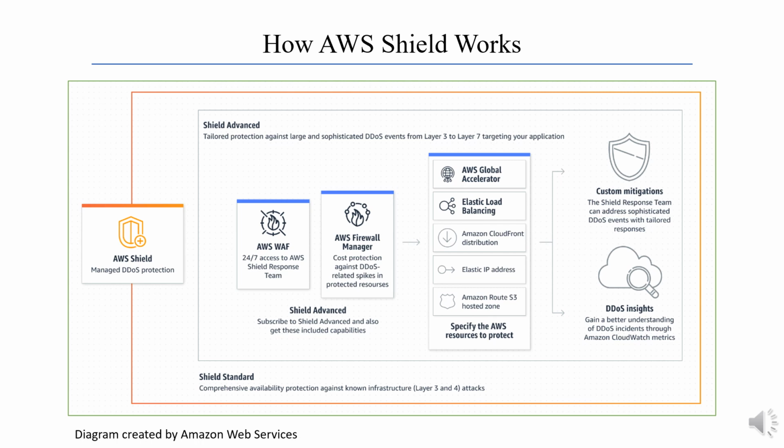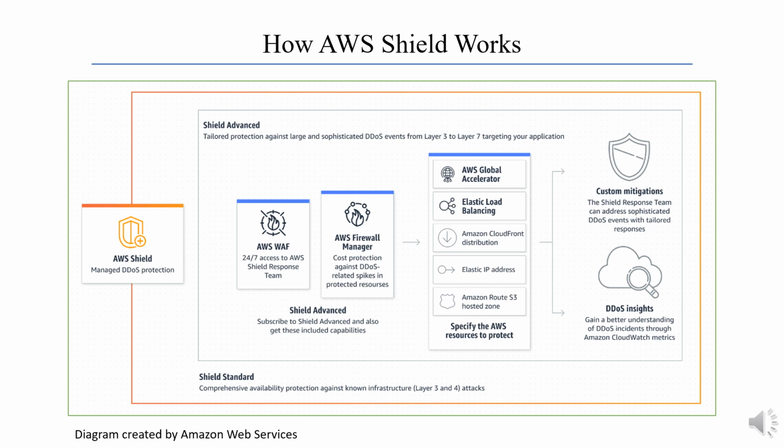AWS Shield is a managed DDoS protection service that safeguards applications running on AWS. The diagram is created by Amazon Web Services. It shows the key features of both AWS Shield Standard and AWS Shield Advanced service options and integrations with other AWS services.